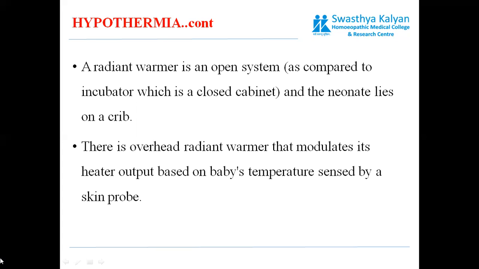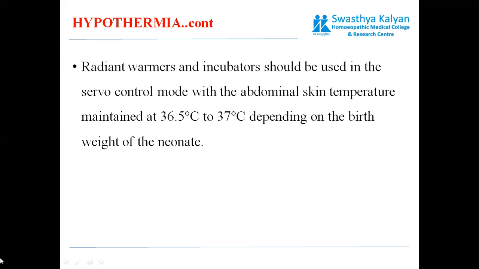Radiant warmers and incubators both are used in servo control mode with the abdominal temperature maintained at 36.5 to 37 degrees centigrade, depending upon the birth weight of the neonate.